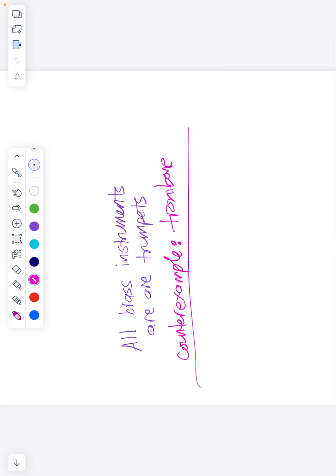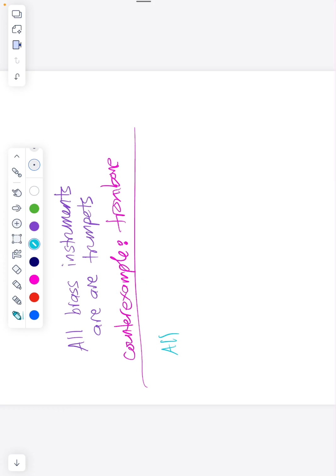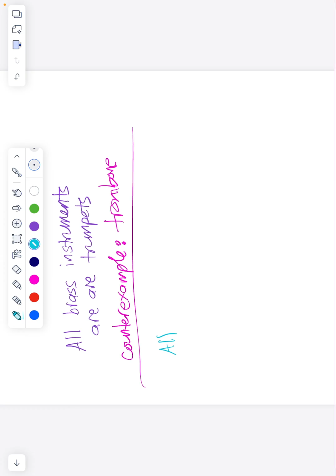Okay, let's do another one. Let's get this concept locked in. I don't know if this is a good one, but we don't always have to say all, but it kind of makes the counterexample process easier to think through.